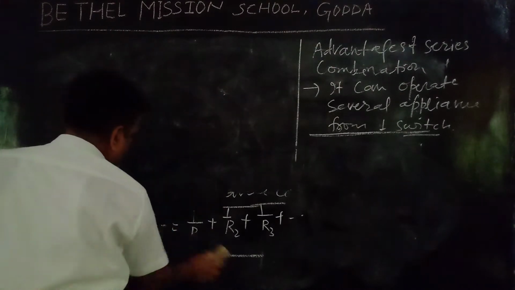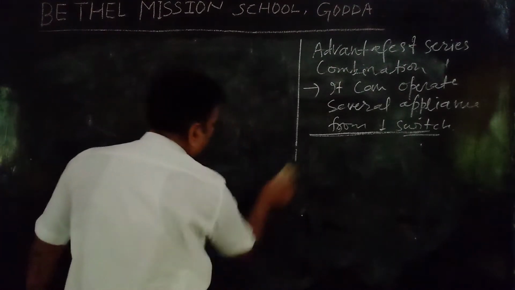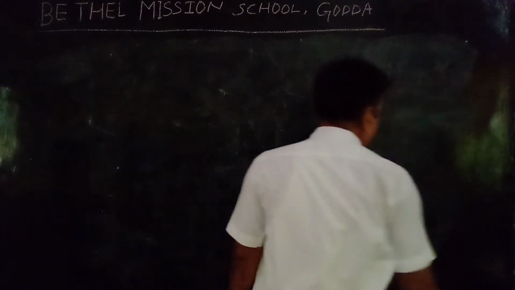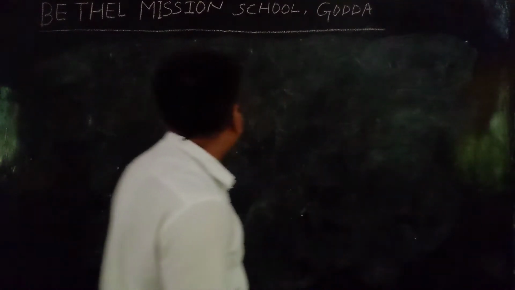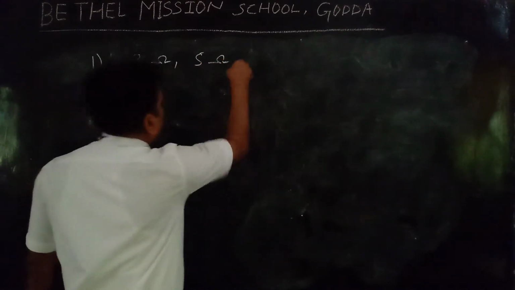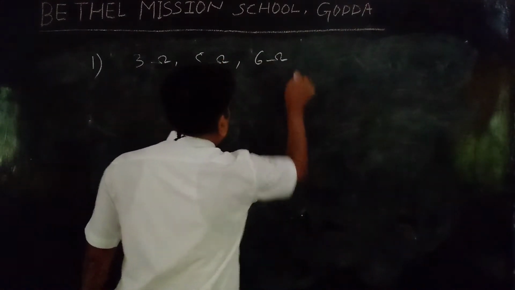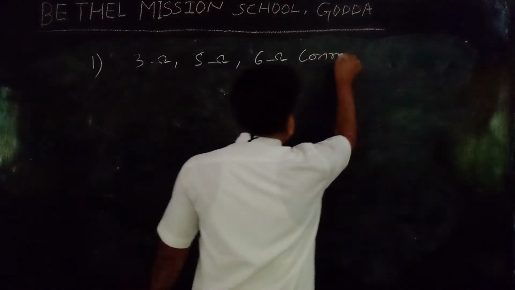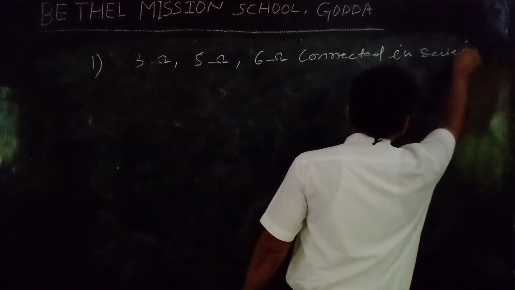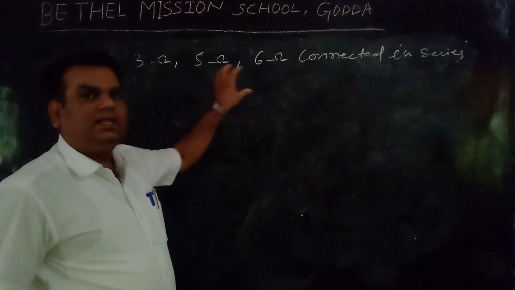As I told before, you will see some numericals based on series combination and parallel combination. Here I am giving one numerical which is based on series combination. If three resistances, whose values are 3 ohm, 5 ohm and 6 ohm, are connected in series, what is the equivalent resistance?